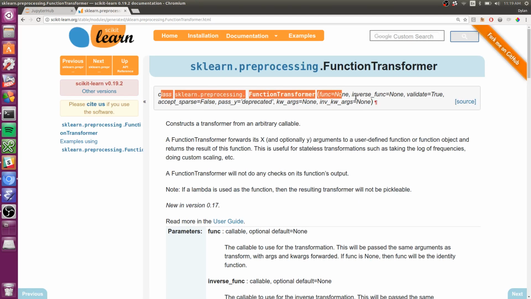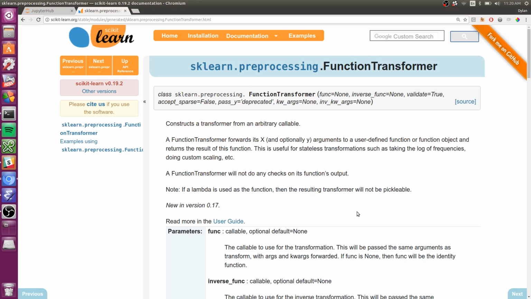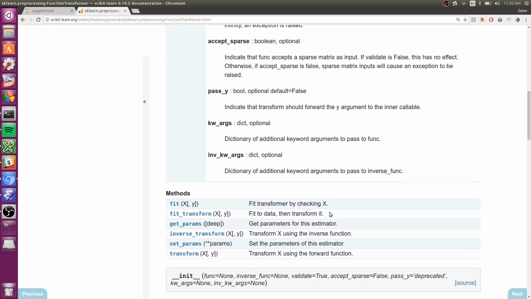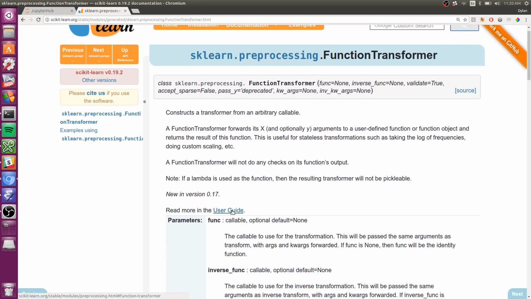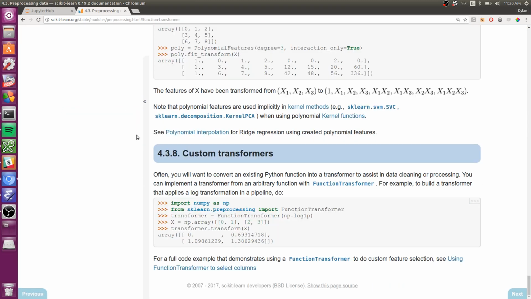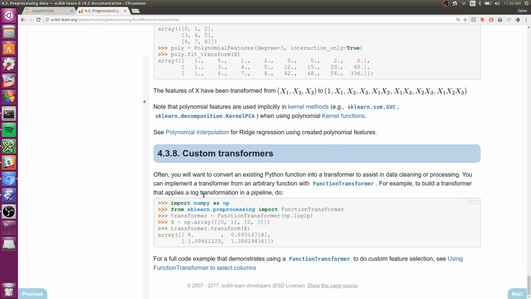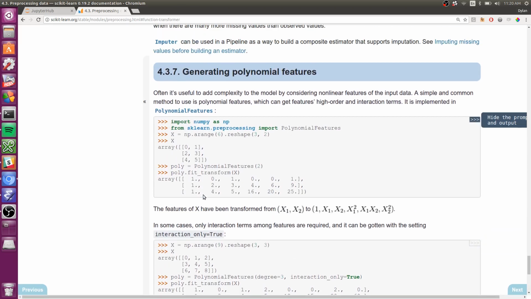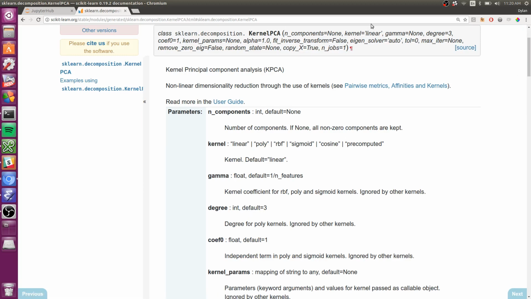Not only does it give you a function signature and a nice summary of what the component does, along with the usual explanation of parameters, but additionally, just about every object is included in a user guide that again gives code examples and a more in-depth discussion of what a particular object does.